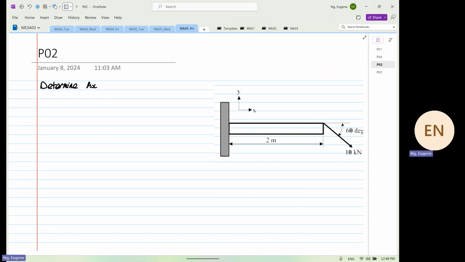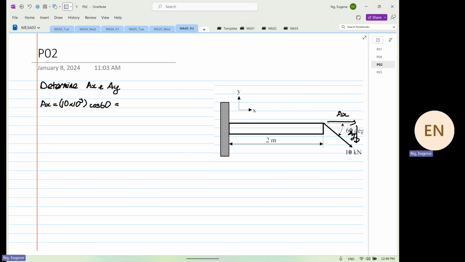our AX and AY. Okay, so this is our AX, and this will be your what? AY. Okay, so AX will be equal to cos 10 times 10 to the power 3 multiplied by cos 60.